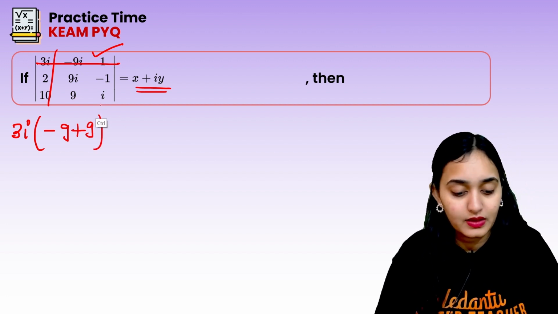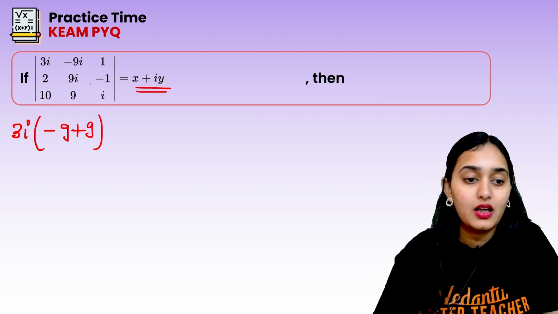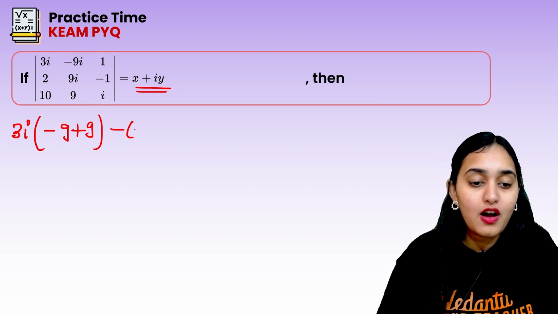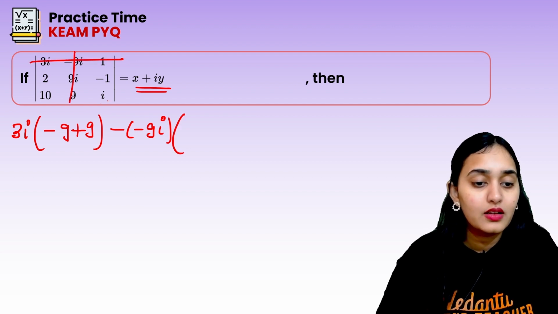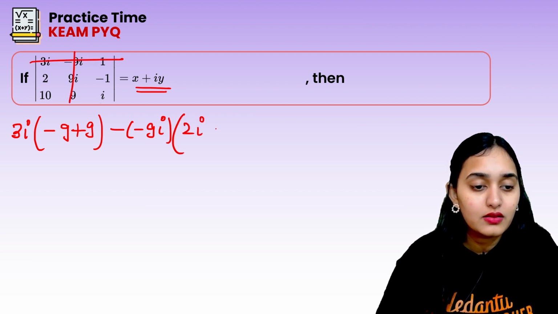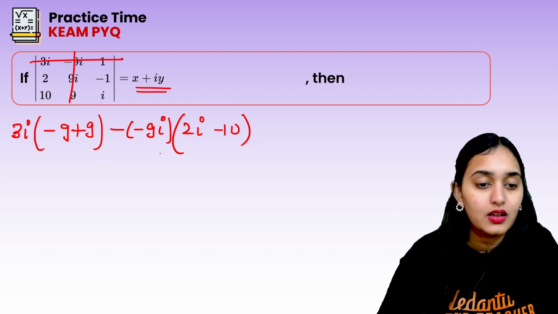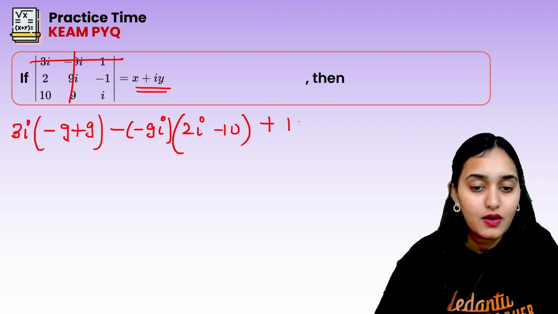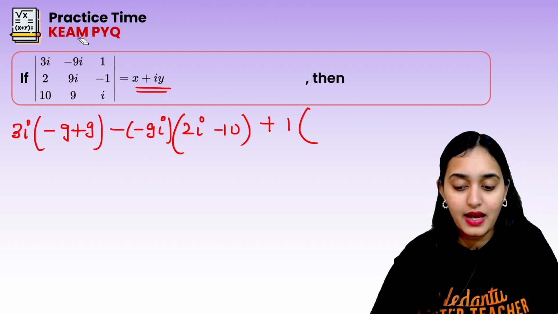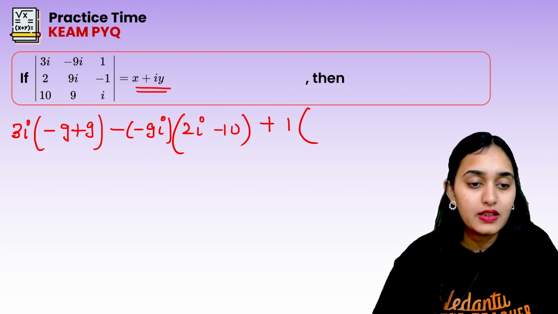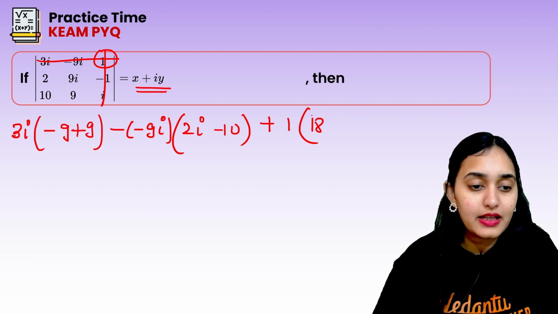Again, next will be minus of minus 9I into 2I minus 10, plus 1 into, lastly you have this number, 1 into 9 2s are 18, 10 9s are 90I.